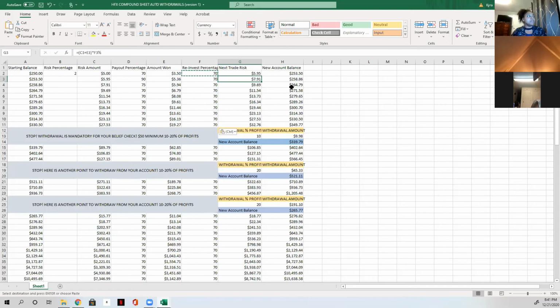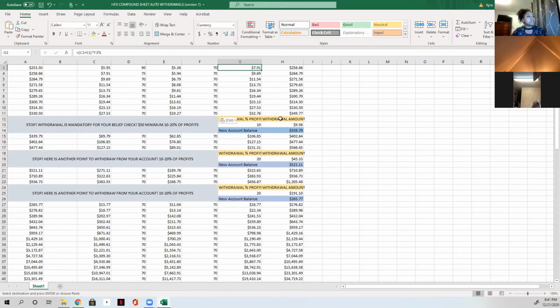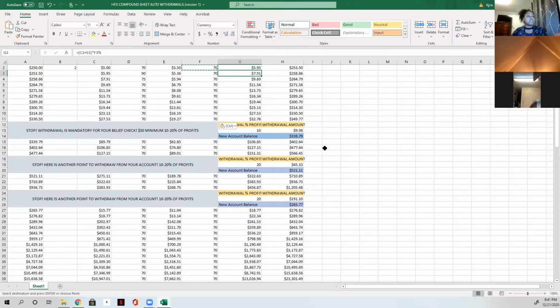And then the new account balance just, again, lets you know where your starting balance is. It just gives you the end and the beginning. So pretty simple. When you get down here to this area where it gives you this wonderful little yellow bar that says percent withdrawal, profit withdrawal amount, the profit is 10% of your profit. So the withdrawal of what you're going to make is about a $9 or $10 withdrawal, right?